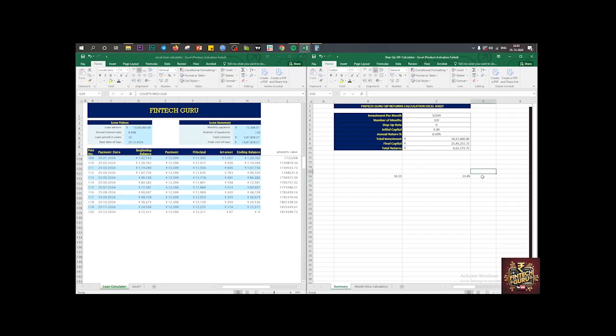So what is the difference? Minus this, okay, just 5 lakh rupees only. Not a big deal, right? It's just 10 years of time.